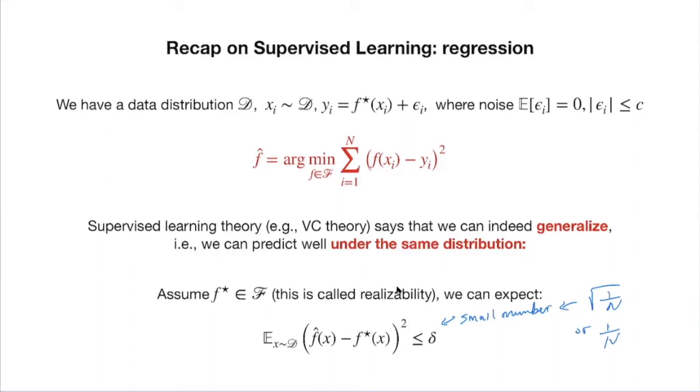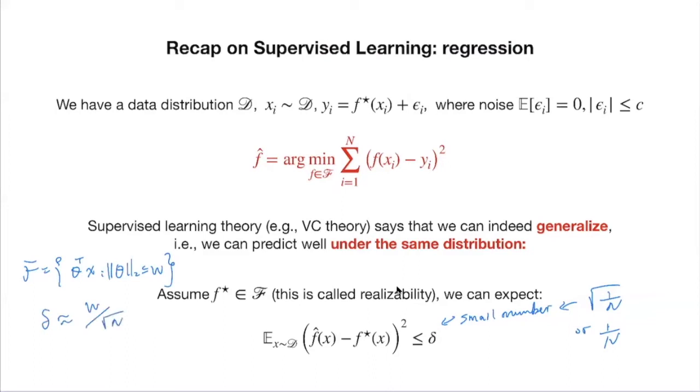All right, so let me give you a quick example. If my function class contains all possible linear functions, where the parameter theta is from a ball with radius w, then we can say that this delta can be roughly around w over square root n.